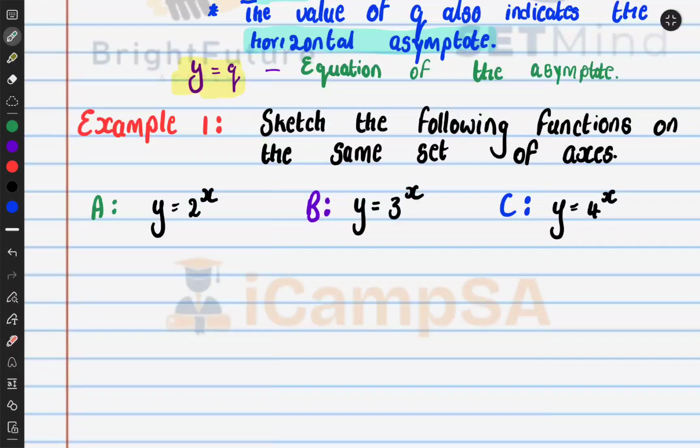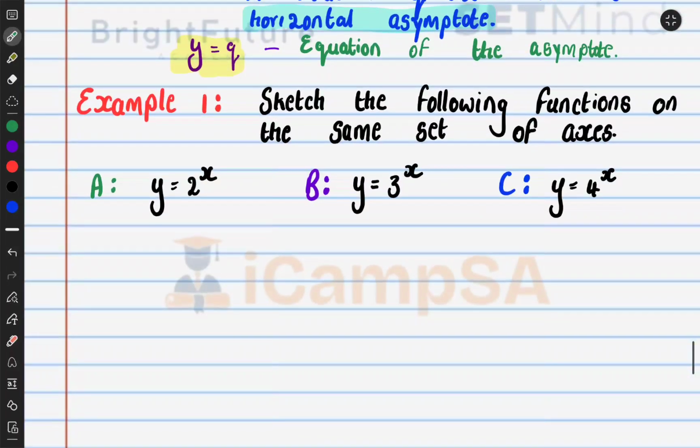So here you are already seeing that we are dealing with functions with the value of b greater than 1. That should already tell you that this function will be of this nature. They will be increasing as we are moving from left to right. Once you see that we are dealing with a fraction, you must know that the function will be decreasing as we are moving from left to right.